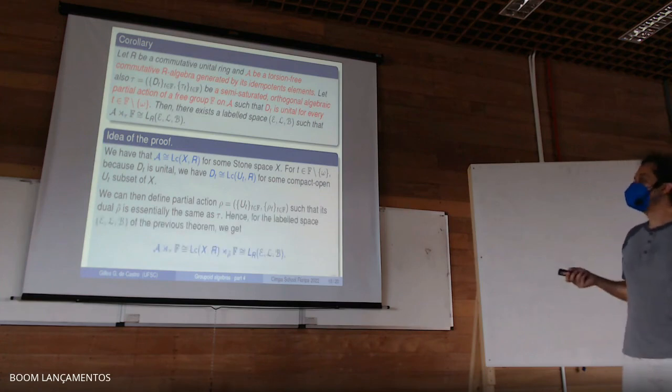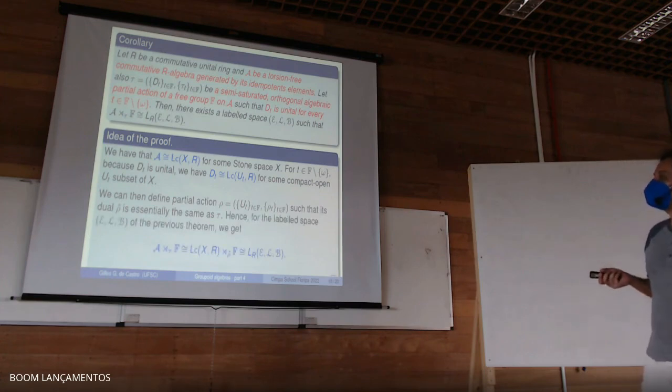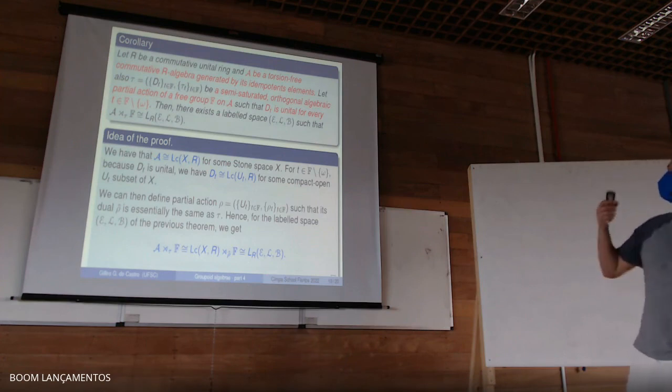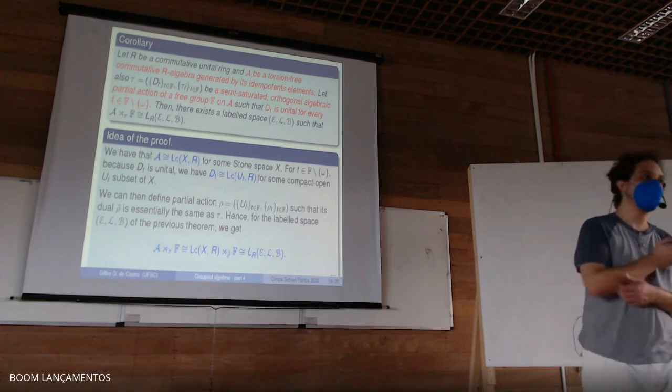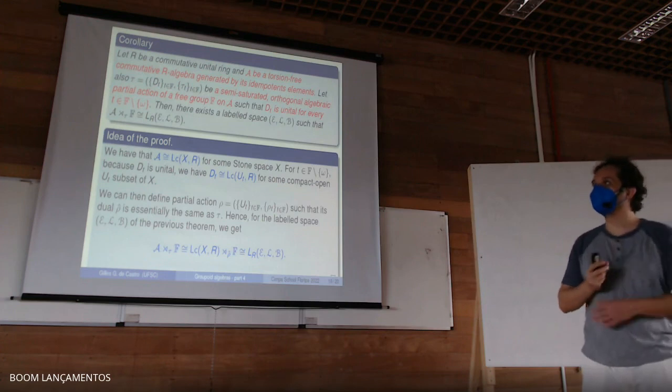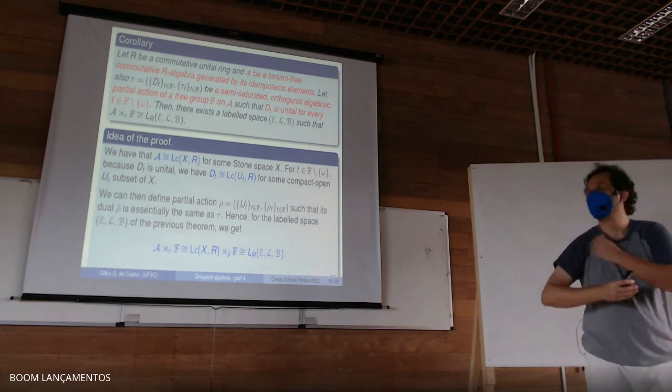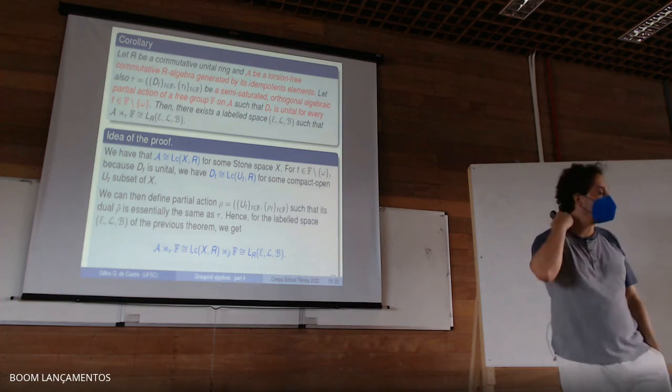And as a consequence of the theorem before, this algebraic partial action is going to be isomorphic to the partial action on the locally constant functions, which, by all the theorems that we had before, is going to be isomorphic to this left labeled path algebra. So we have this very large class of partial actions that can be described using labeled spaces.